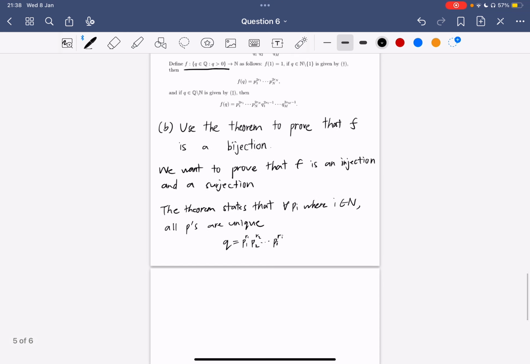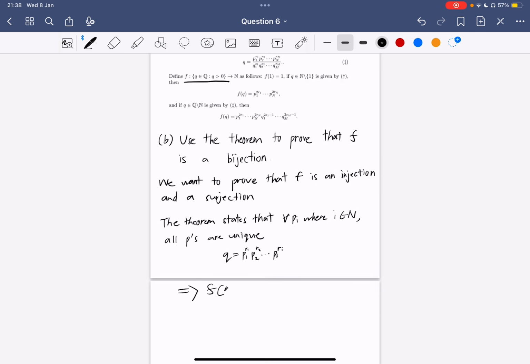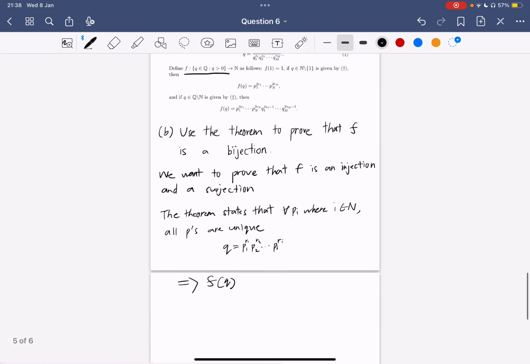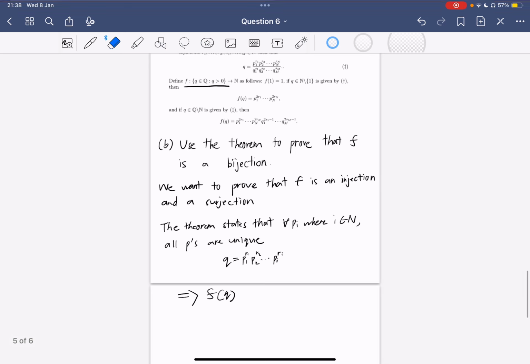And if they are unique, that means that f of q, which is given by this in, again, the natural number case, is also unique.